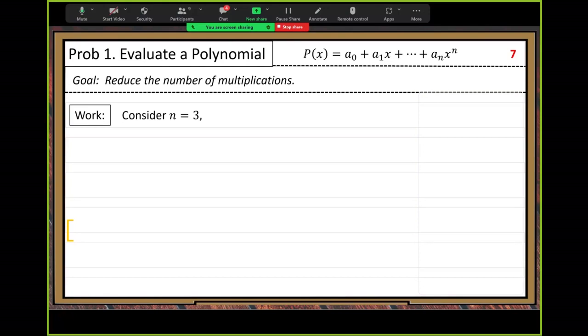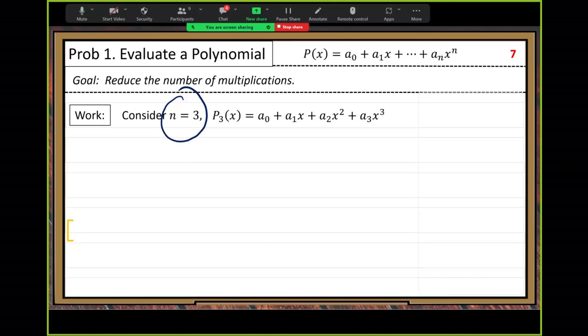Let's do another experiment. This time we work on N equals 3. Because we have experience from N equals 2, we do the similar factorization thing, and hopefully we can do better. So let's work on this cubic polynomial, degree 3.